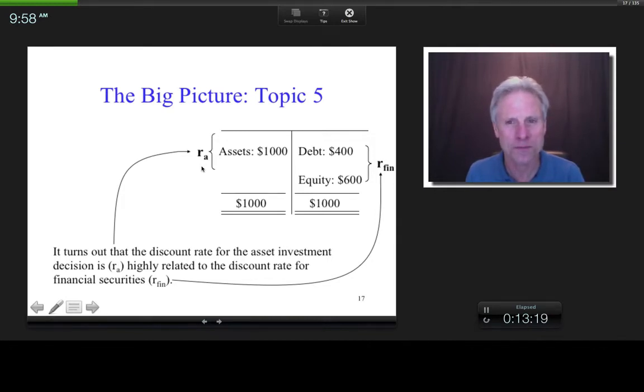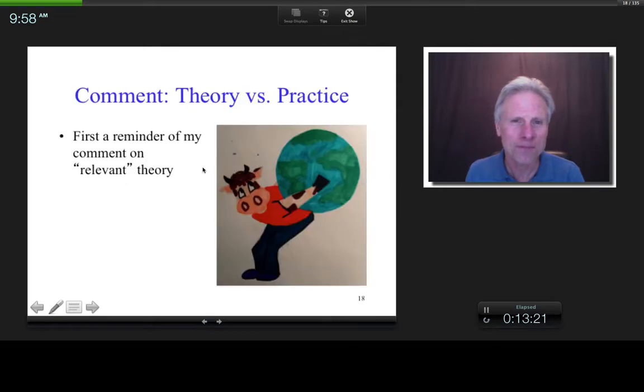which is bottom line analysis for what is arguably the most important decision a firm makes, the asset investment decision. And then just a quick reminder: as I get into today's lecture, and to some degree next week's lecture, you're going to be thinking, well, where do you get that in real life? I completely understand that. My commitment to you is that the kind of depth we're going to get into is necessary to bridge theory with practice.